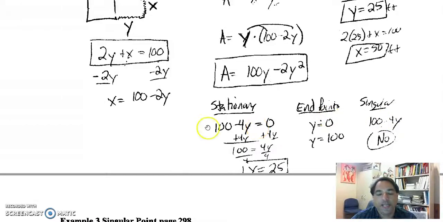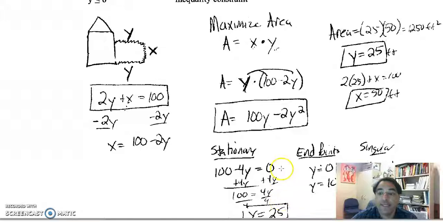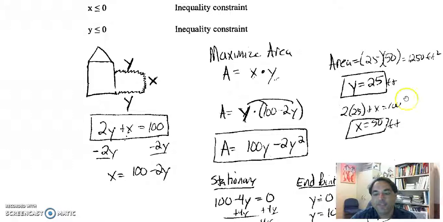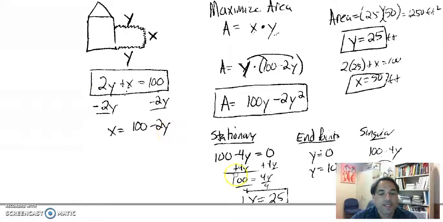And singular, looking at the derivative, 100 minus 4y, there's no dividing by y, so there are no singular points. So really 25 is going to be our answer. That's the one that works. You can try plugging in 0 and 100 or 1 and 99, but it will not give you the maximum area. So if we know that y is 25, I plug 25 into x equals 100 minus 2y, or 2y plus x equals 100, and you can figure out what x is. 100 minus 2 times 25 is 100 minus 50, which is 50.